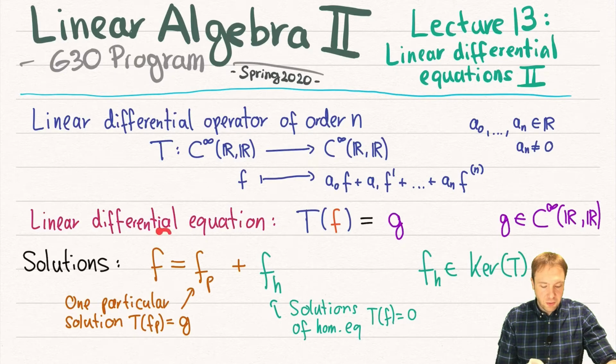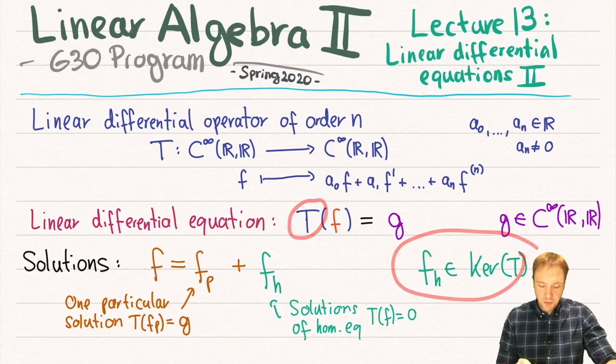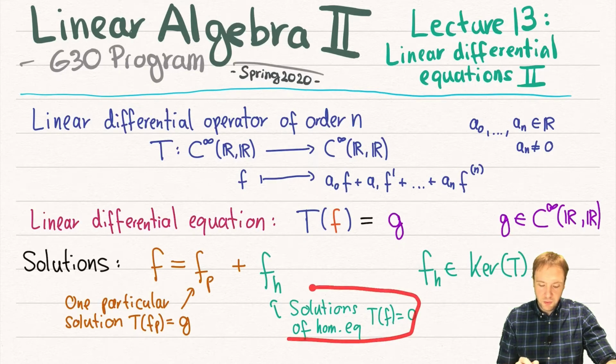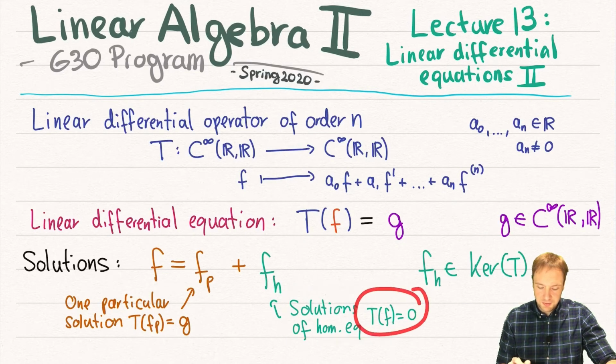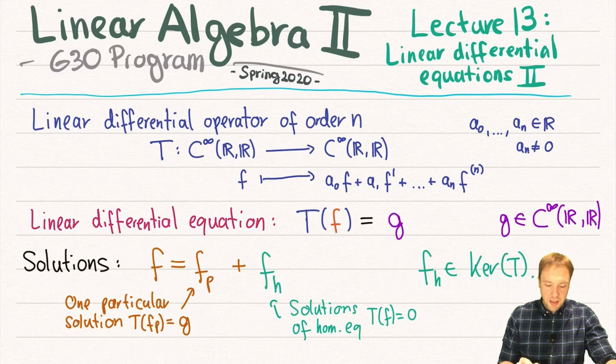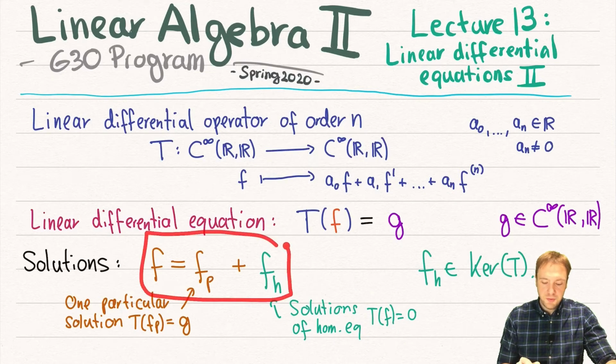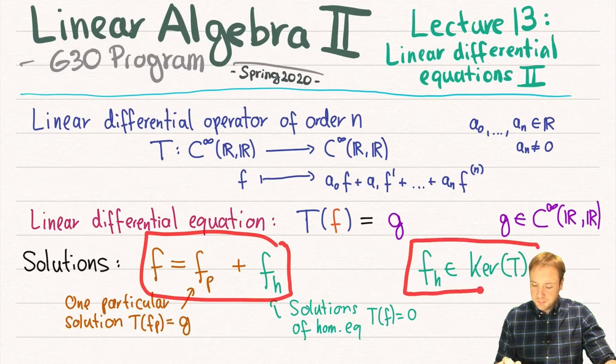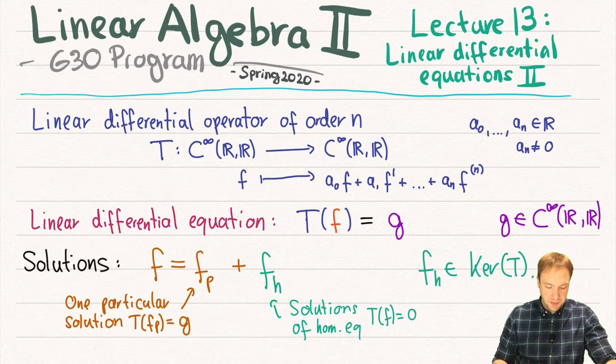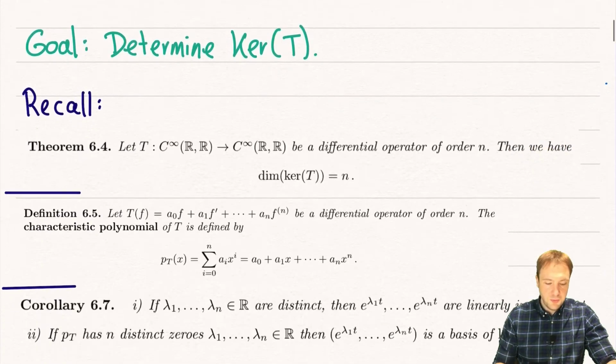And then we can get all solutions by adding elements in the kernel of this linear map T. In other words, solutions to this homogeneous equation, which just means that Tf equals 0. With this, we get all solutions, and therefore the main goal is to understand the kernel of these linear maps. So this is the goal.